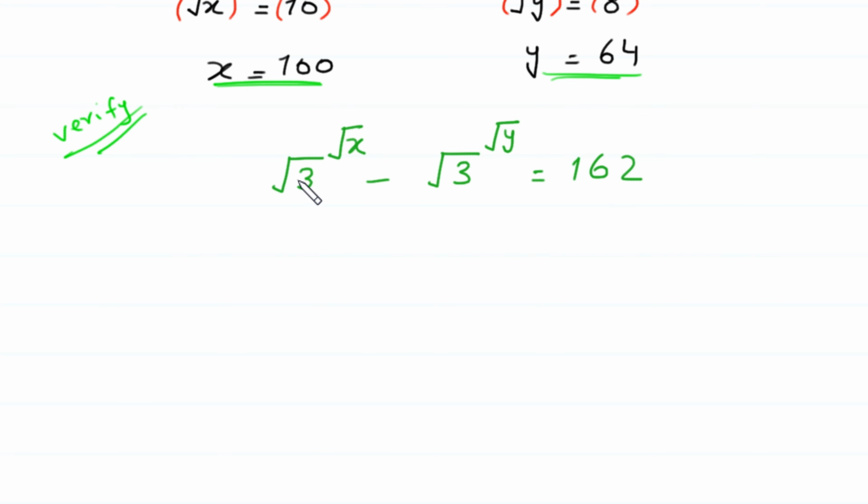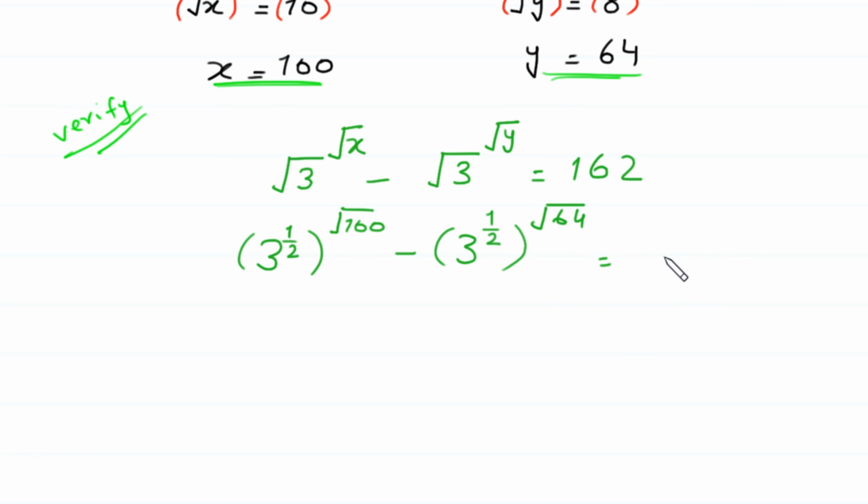We can write this square root of 3 as 3 to the power 1 over 2 whole to the power square root of, we put the value of x here 100, minus, we can write this square root of 3 as 3 to the power 1 over 2 whole to the power square root of, we put the value of y here 64 is equal to 162.